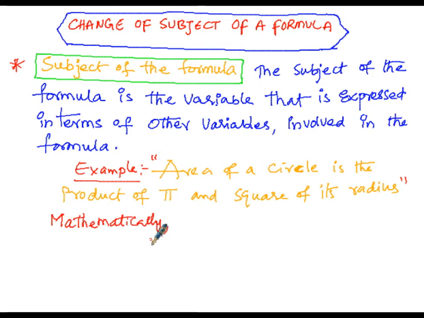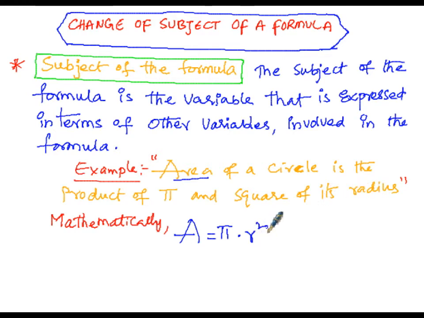We can express this sentence as a formula, that is, the area of a circle, denoted by capital A, is equal to the product, the multiplication, of pi into the square of its radius. The radius is denoted by small letter r, and we have to square it, r square.